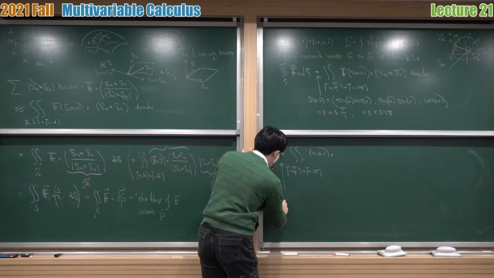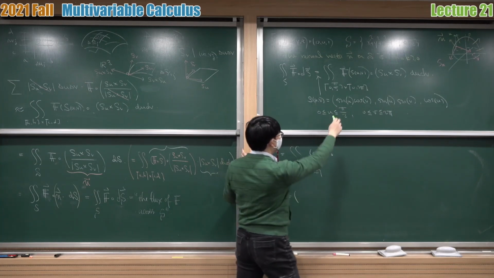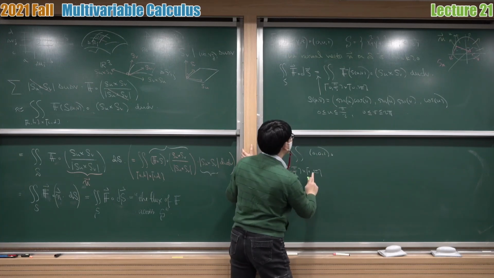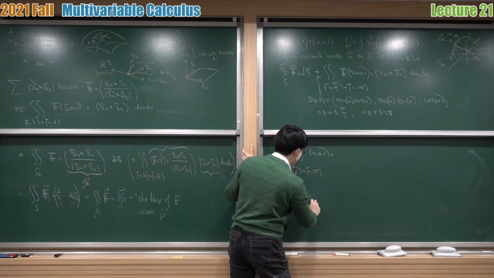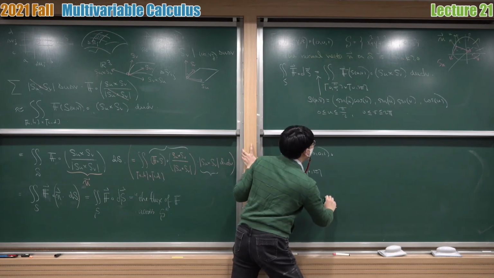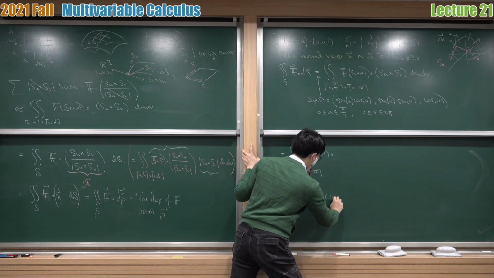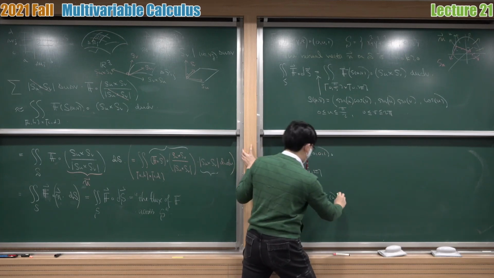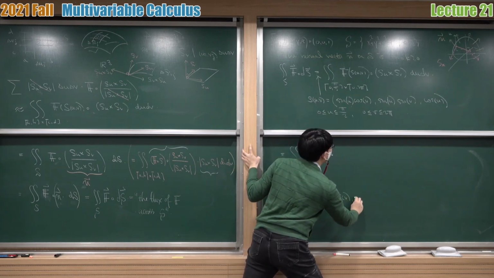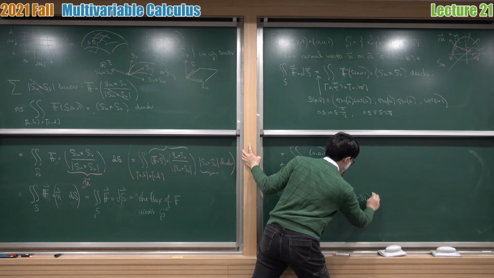So SU is cosine U cosine V, cosine U sine V, minus sine U, right?